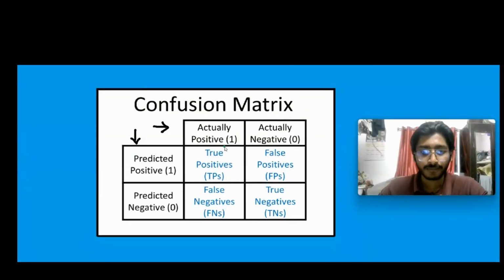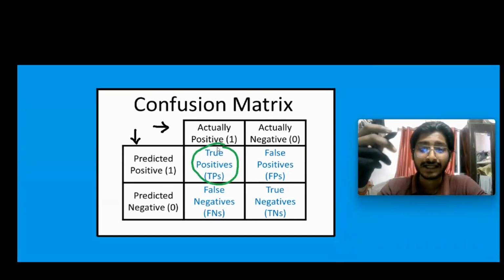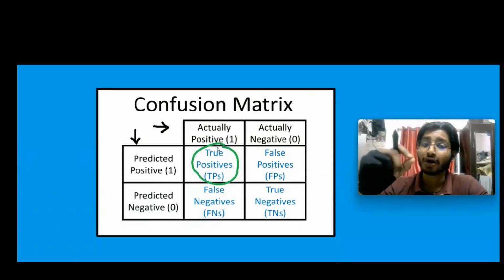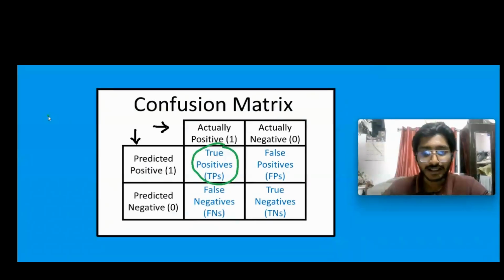Now, true positive. What is a true positive? When the email is actually spam and our model correctly predicts it as spam, this is called a true positive. This is a correct prediction. Now move towards the true negative.